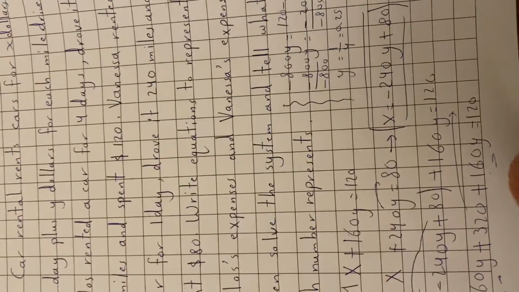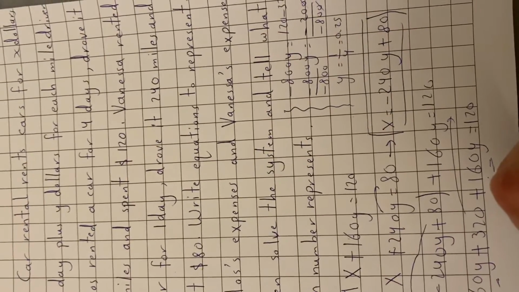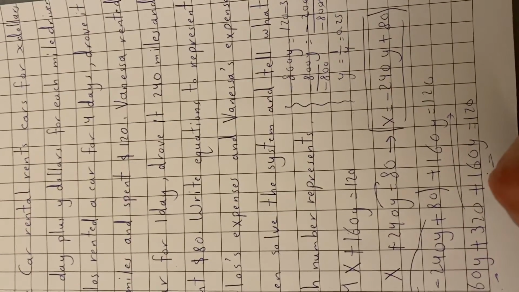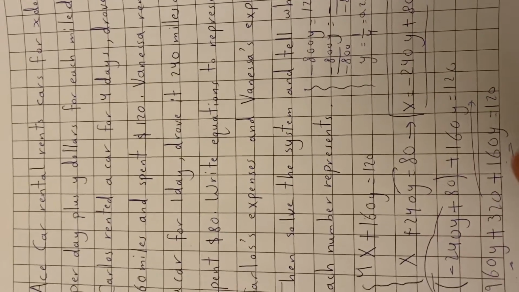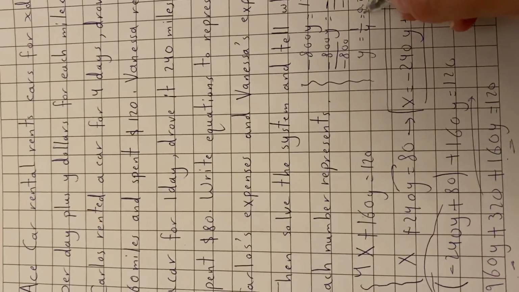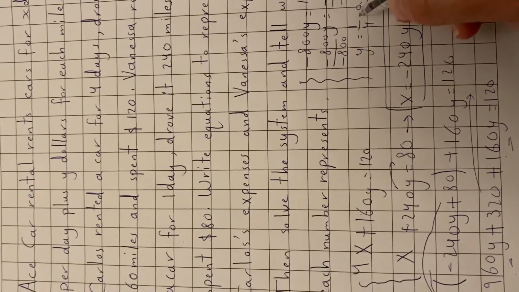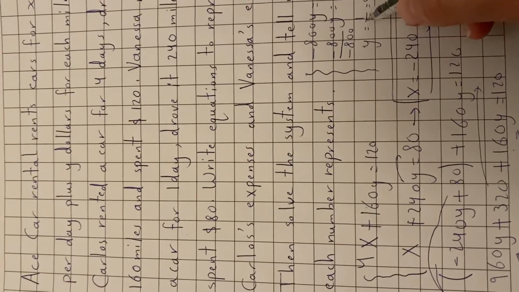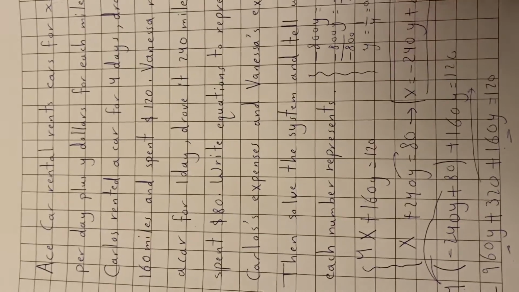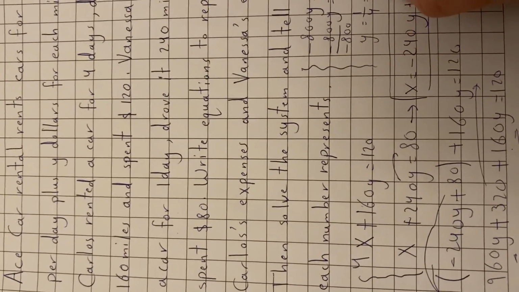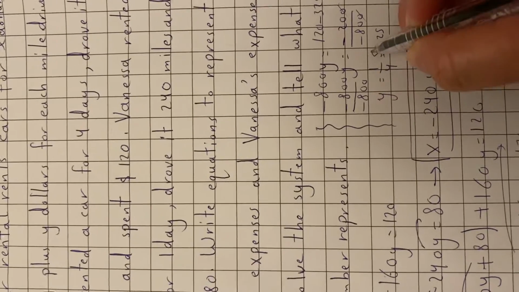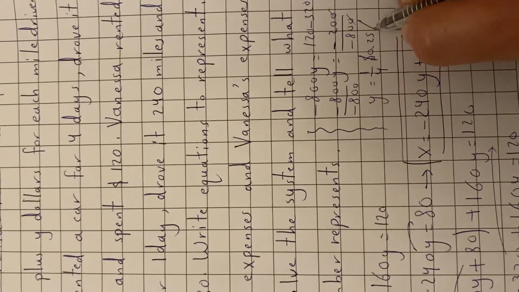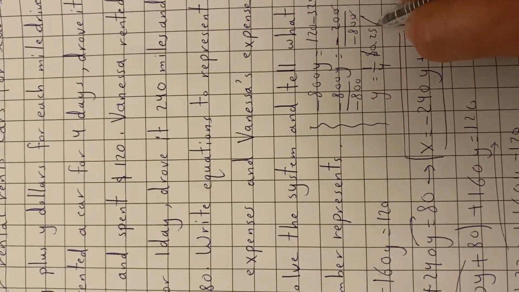This is the y, and we said from the beginning the y is related to the number of dollars for each mile driven. So y is equal to $0.25 for each mile driven. So here I will write the unit, $0.25 for each mile driven.